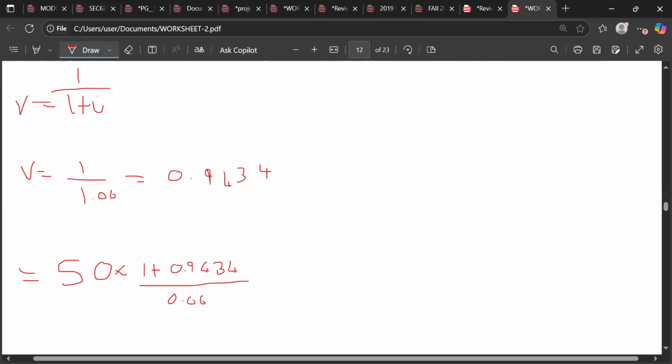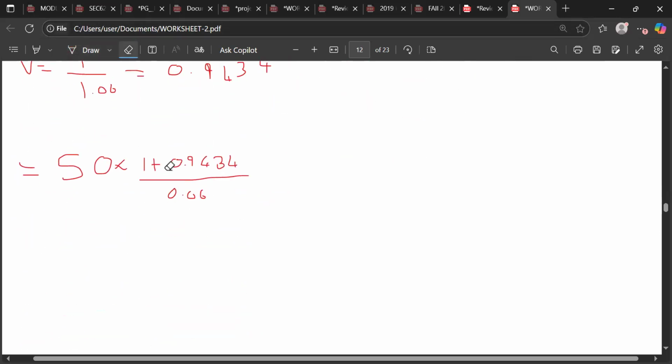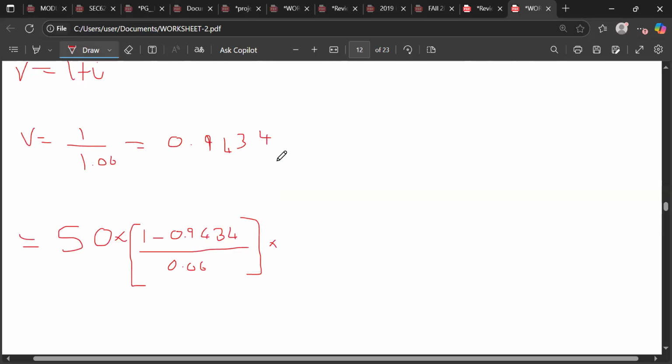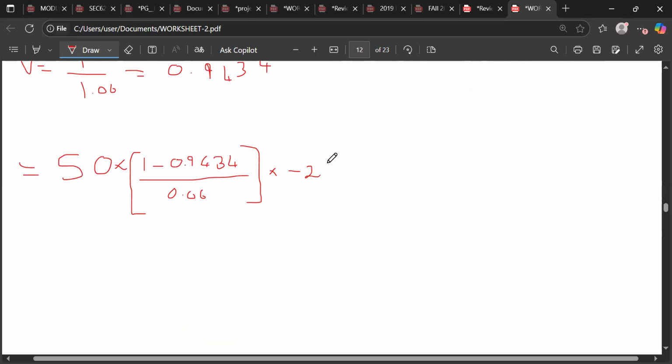Keep in mind V is not just like that, it's to the power N. Here it's minus, not plus. Then times the common difference, D is -2. So -2 multiplied by what's inside the parentheses.